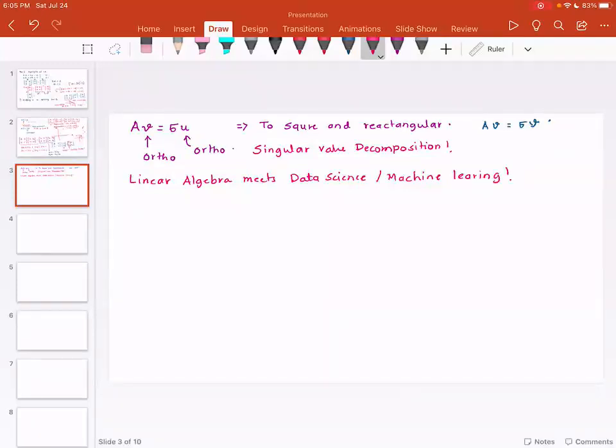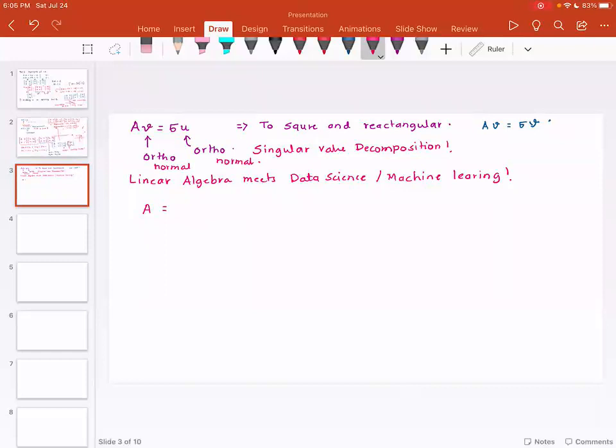When we are trying to solve any data science problem, we are going to have huge matrices. And typically, the problem would be of the form, since it's an orthonormal matrix, so I need to say orthonormal. What do I mean by orthonormal?